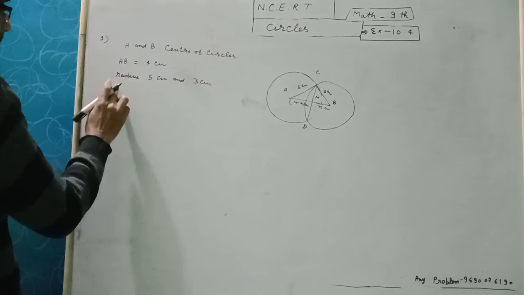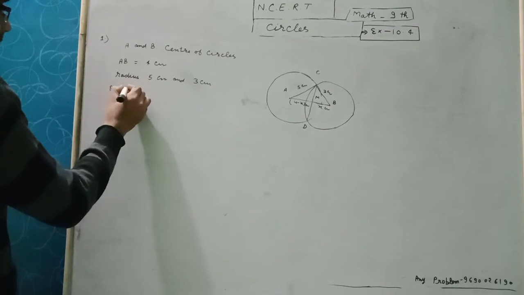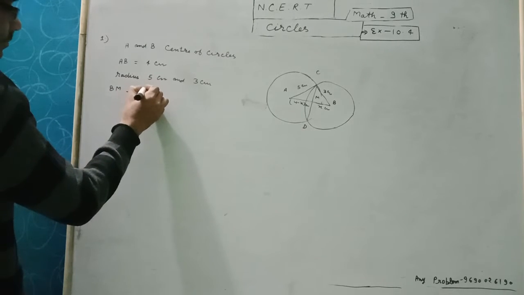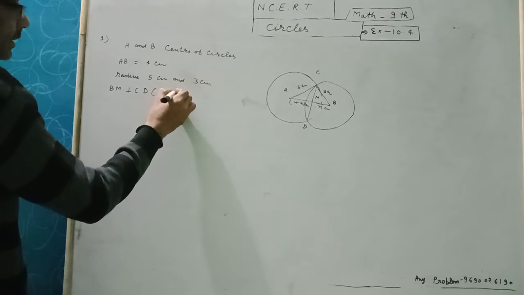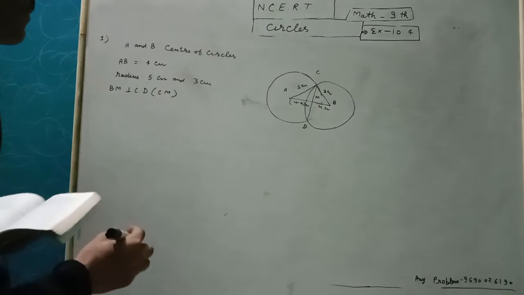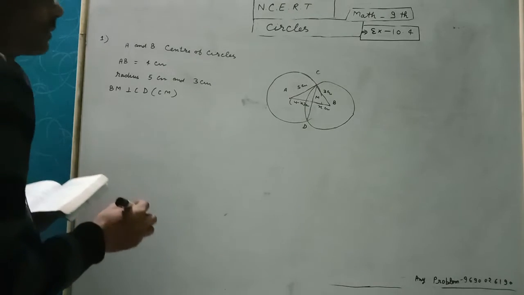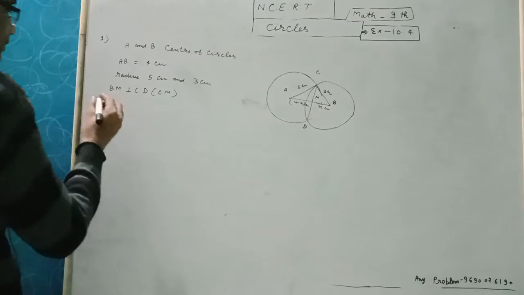BM is perpendicular to CD, and we can write CM. We find the length of the common chord CD.